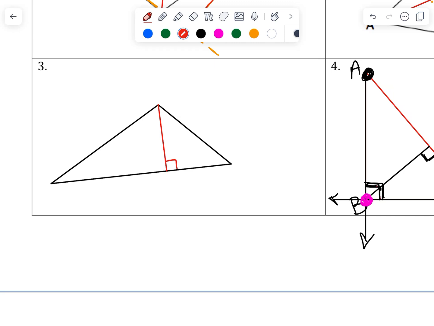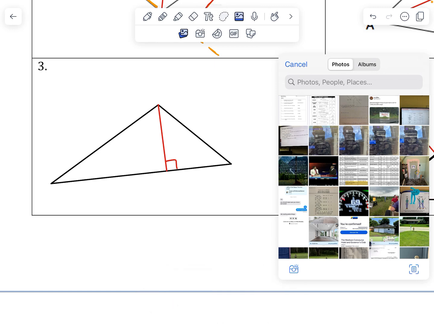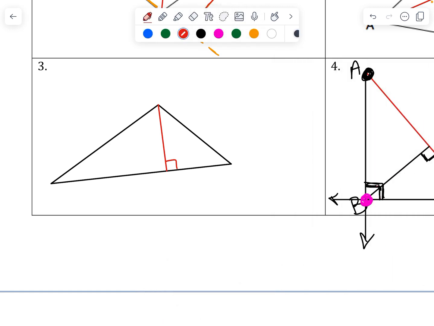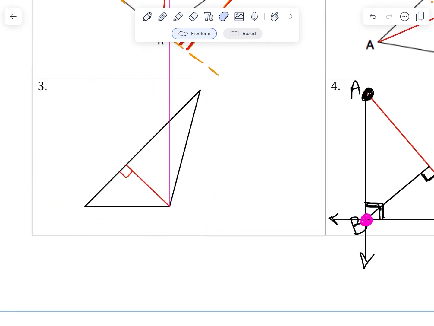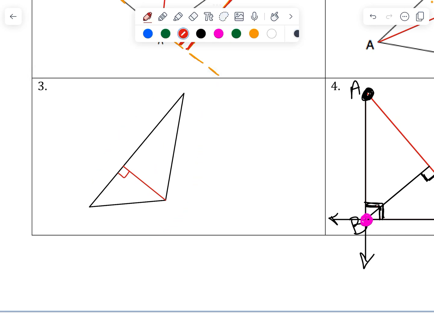But if I turn my paper to find the other 90s, I have to extend this side out, otherwise I'm not able to find a 90.